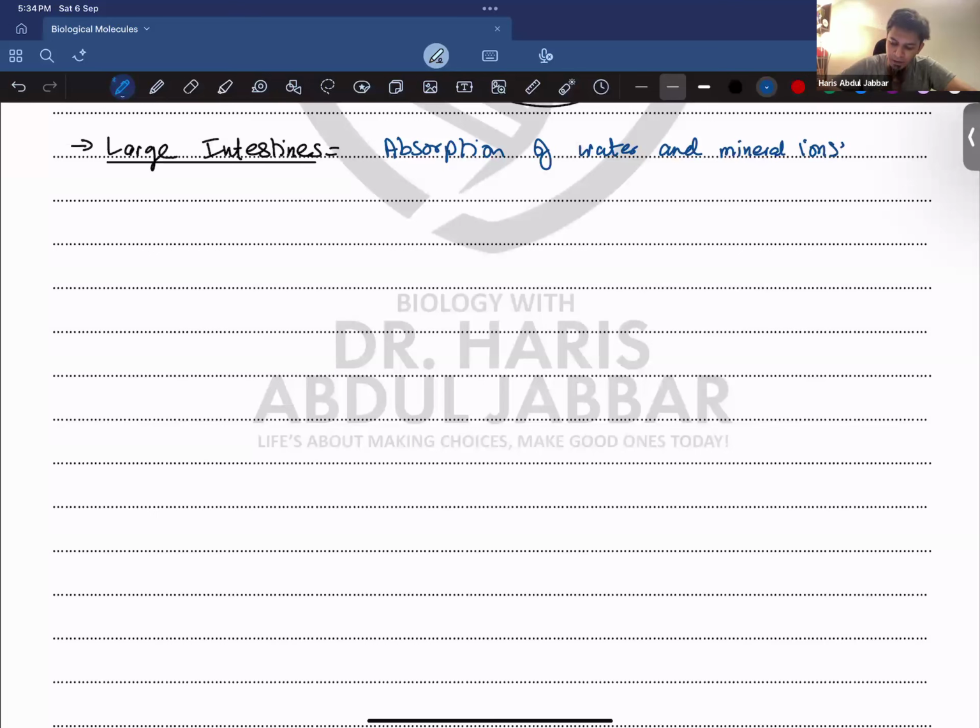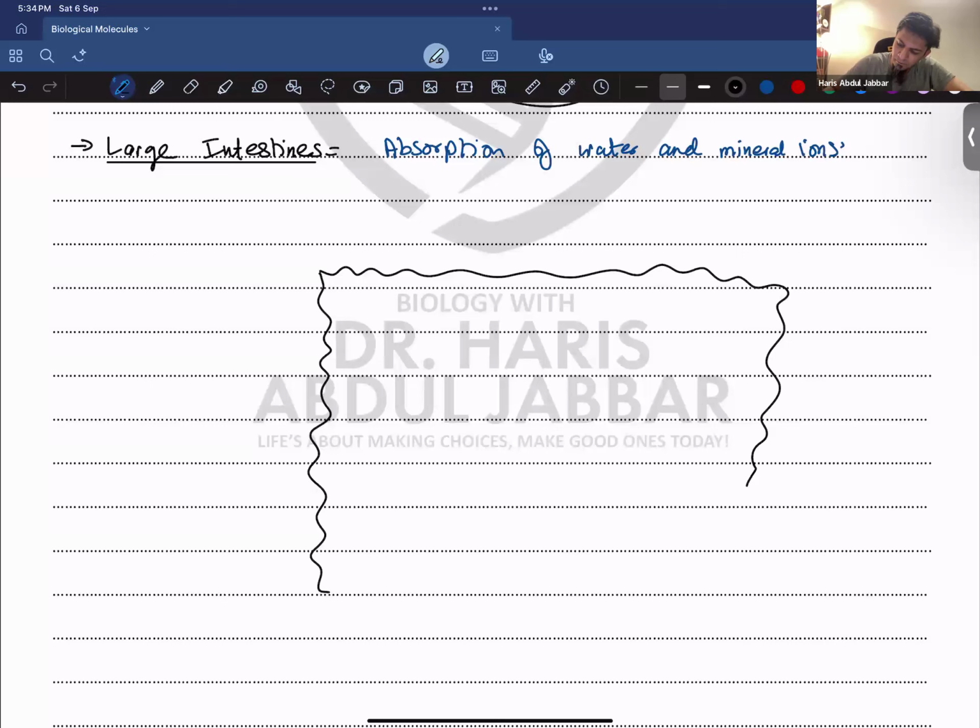ठीक है जी. अच्छा, अब अगर हम लोग देखें तो लार्ज इंटेस्टाइन के भी एक तरीके से तीन पार्ट्स होते हैं, and all three of them are called as colons. So let's say it starts from here, and the other part goes like this.